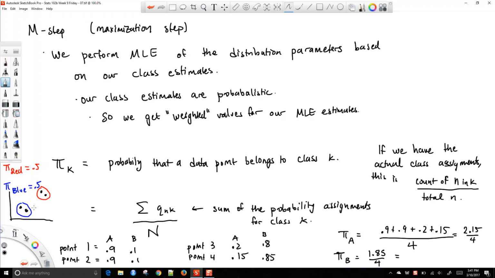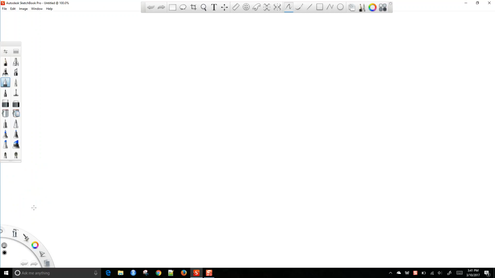Now try to maximize your mean and your standard deviation based on that.